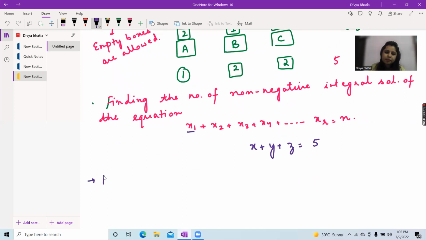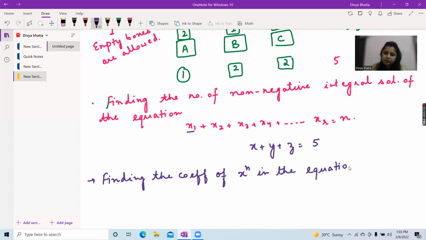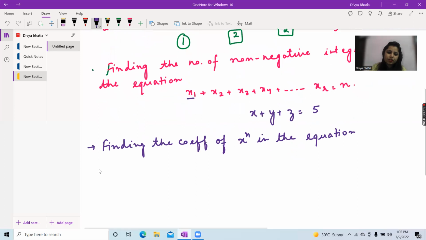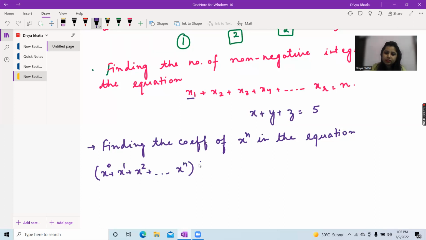This problem is the same as finding the coefficient of x to the power n in the equation. Which equation? In the equation x to the power 0 plus x to the power 1 plus x to the power 2 up to x to the power n.